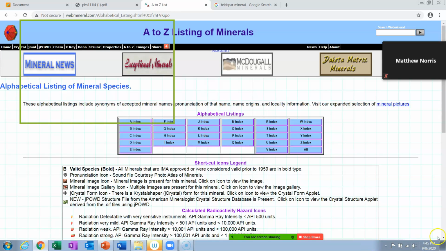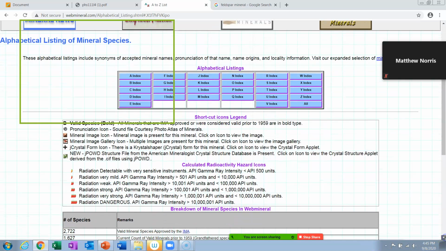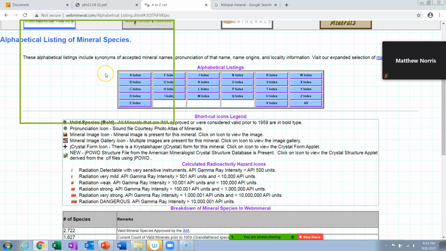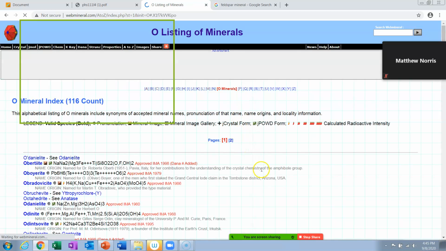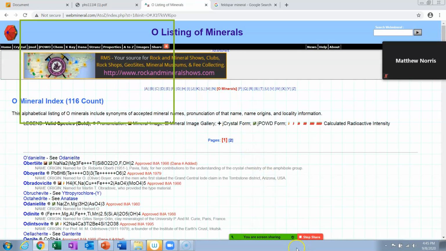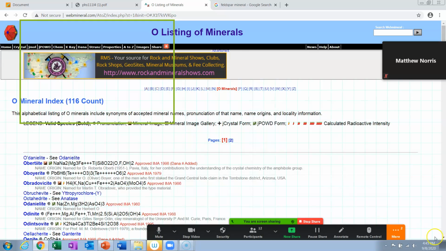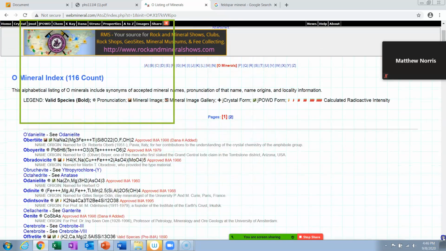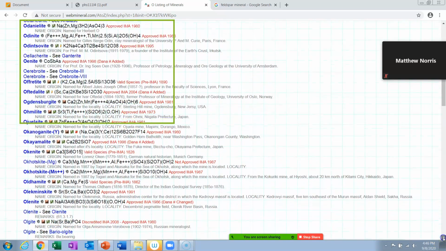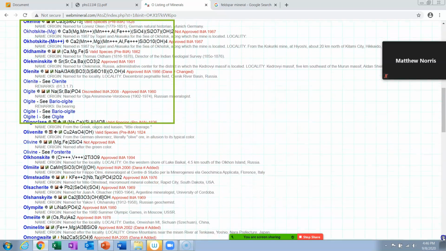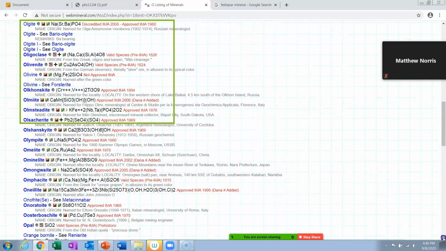Now, you won't be able to see it on the small window it gives to you, but you see B index, G index, K index, O index. That's where orthoclase will be. Now, let's see how many O's we have. You'll see some of the other names we've run across.